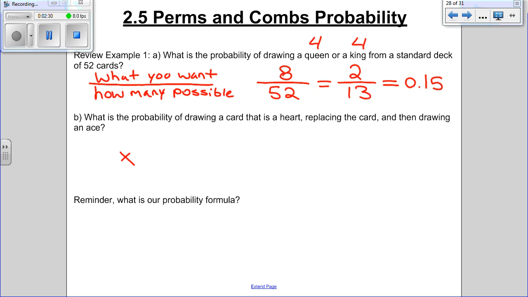You're going to do your first probability, which was the probability of drawing a heart. There's 13 hearts in the deck, divided by 52 total cards in the deck. You want to times that by then drawing an ace. There's 4 aces in the deck, divided by 52 possible cards.